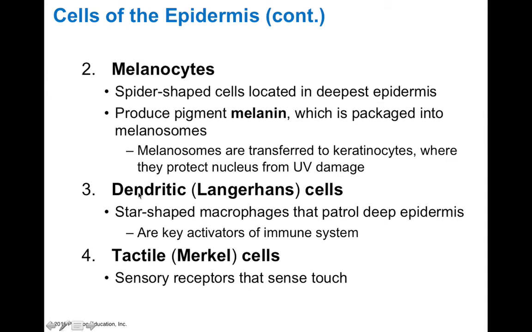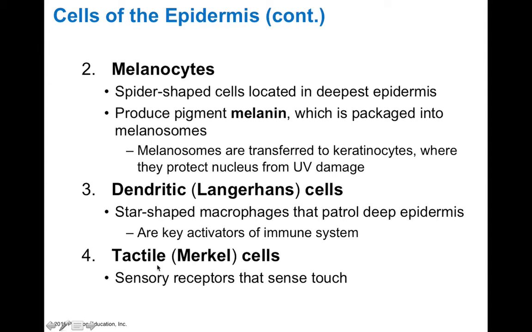Now, dendritic cells you also find in the epidermis, and these are star-shaped mobile macrophages that patrol deep in your epidermis. They're also called Langerhans cells, and essentially these cells, you could say, walk around deep in the epidermis, and they scavenge for microorganisms and debris and play a really key role in your immune system.